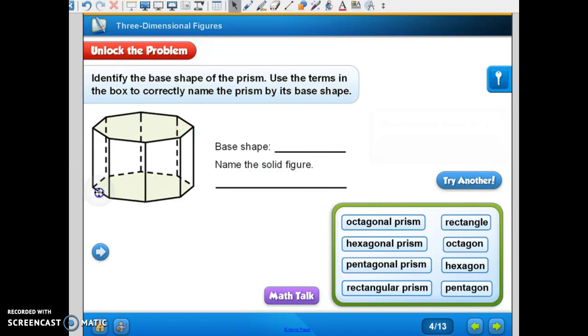And the base of this: 1, 2, 3, 4, 5, 6, 7, 8. Eight-sided figures are octagons. So we have an octagonal prism. Pretty easy to identify. Sometimes I think it's easier to look at the sides up here, this is also a base. So maybe it's easier for you to number them here.